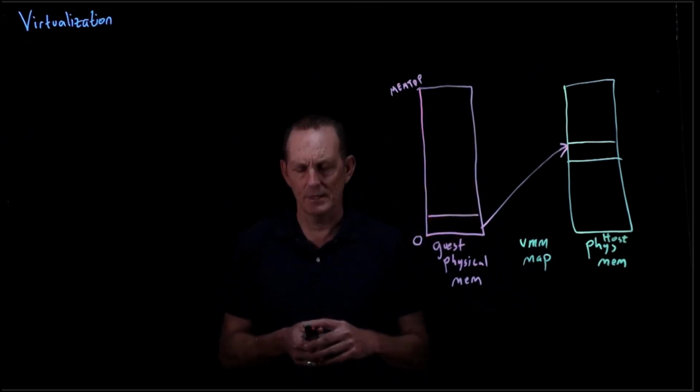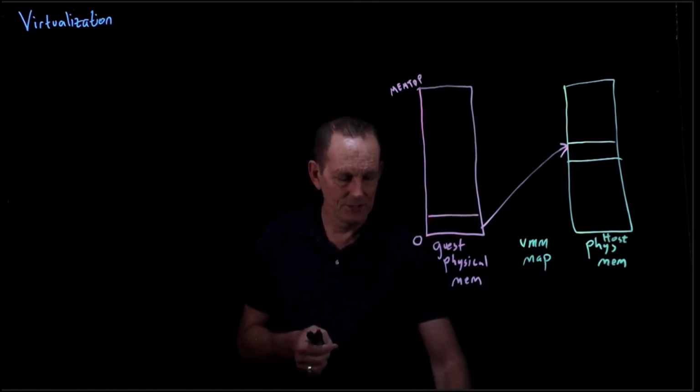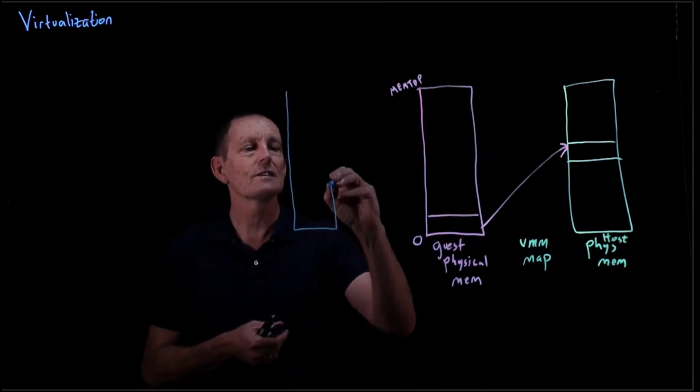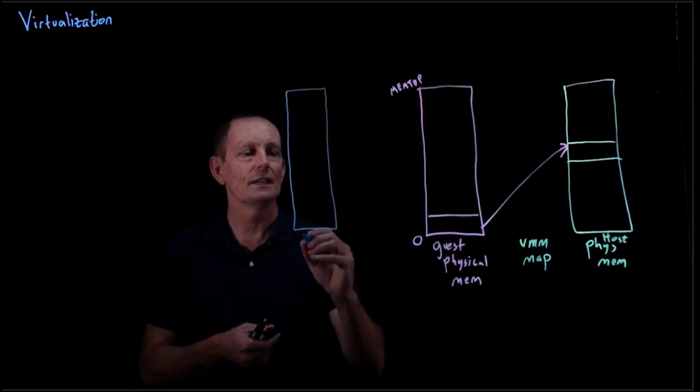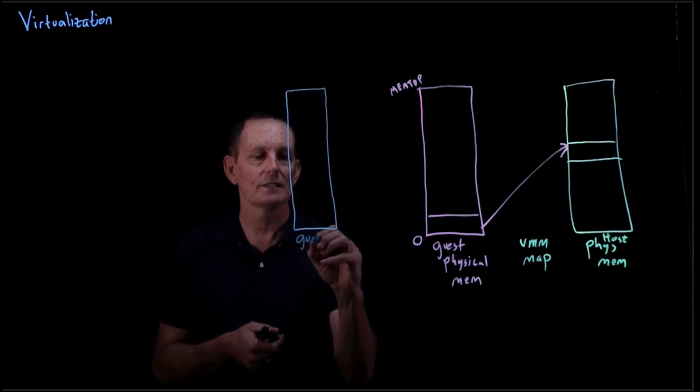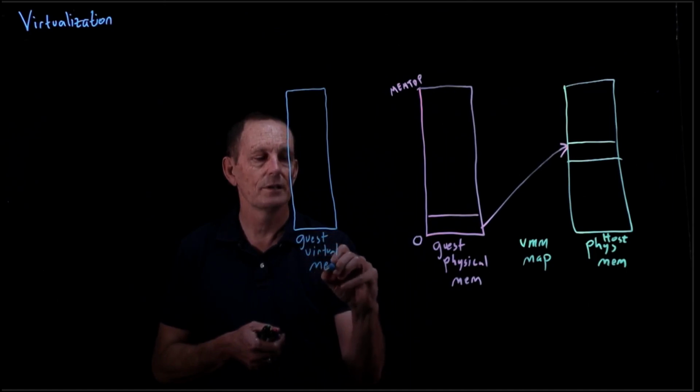There's another mapping that's happening though, and that mapping has to do with the guest OS. The guest OS is maintaining possibly many address spaces, that is guest virtual memory.